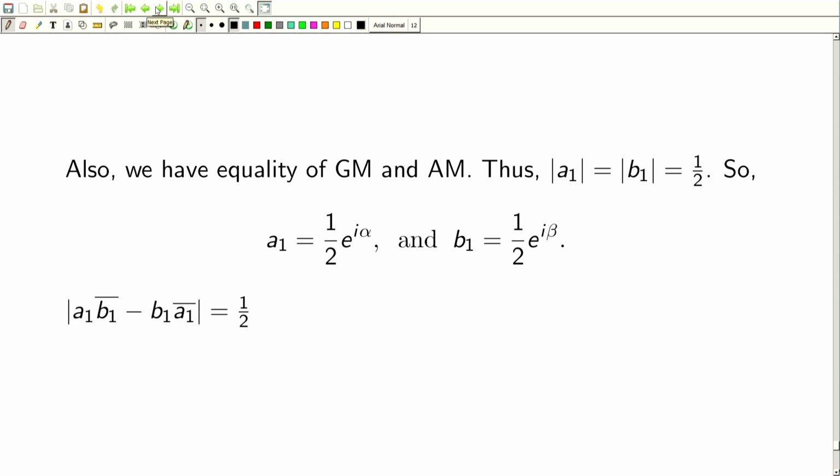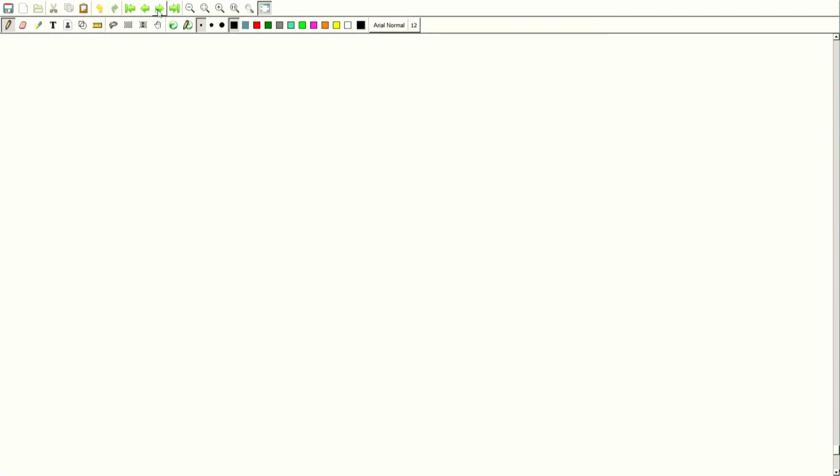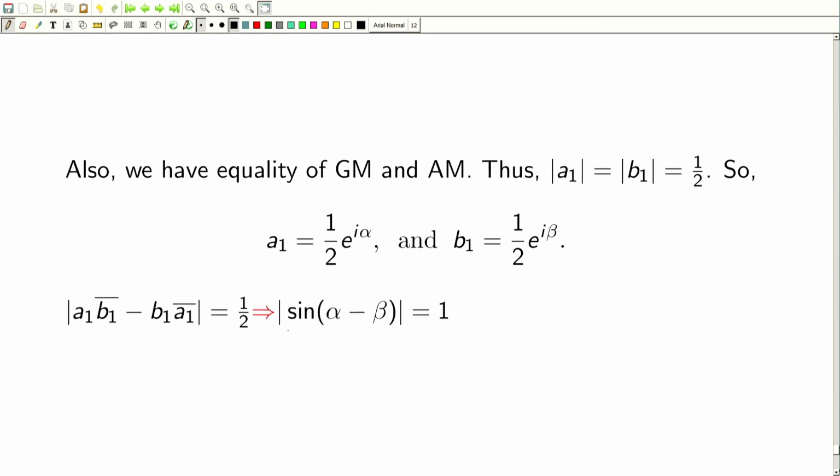Now, already we know that a_1 \bar{b}_1 minus b_1 \bar{a}_1 is equal to 1/2 in our calculation that we had seen. Then this will imply that the modulus of a_1 \bar{b}_1 is 1/2 e^{-i alpha}, then e^{i alpha}... So, this is 1/4 e^{i(alpha minus beta)} minus 1/4 e^{-i(alpha minus beta)}.